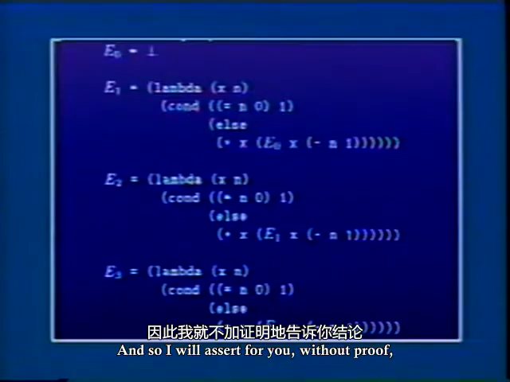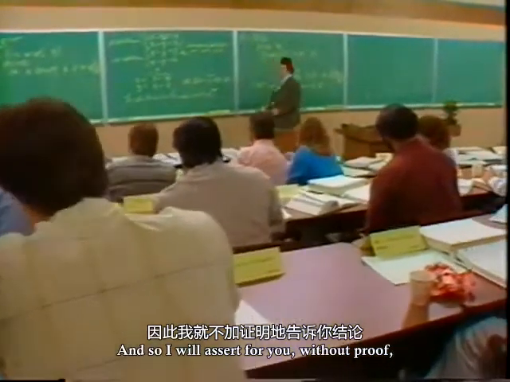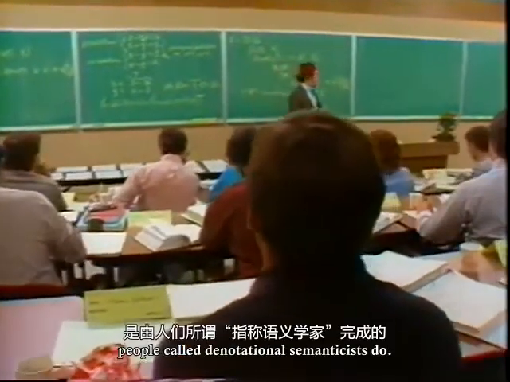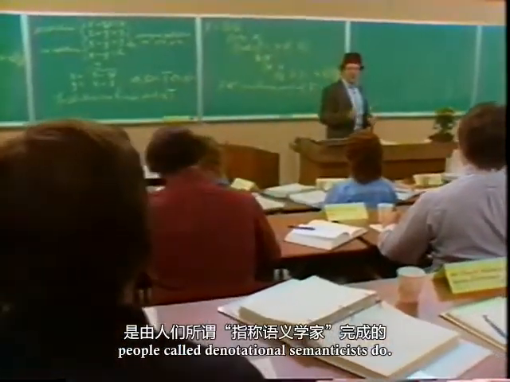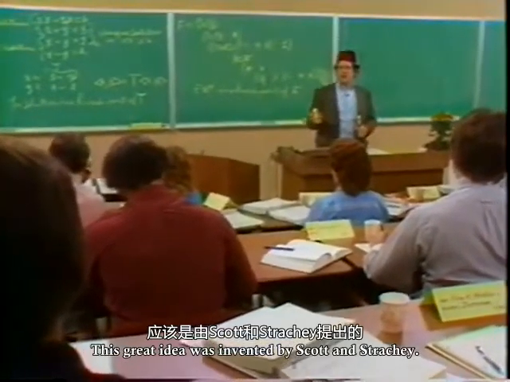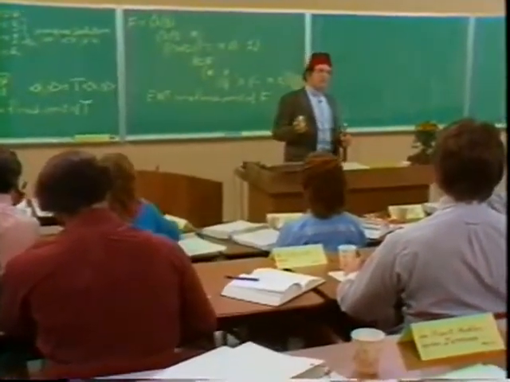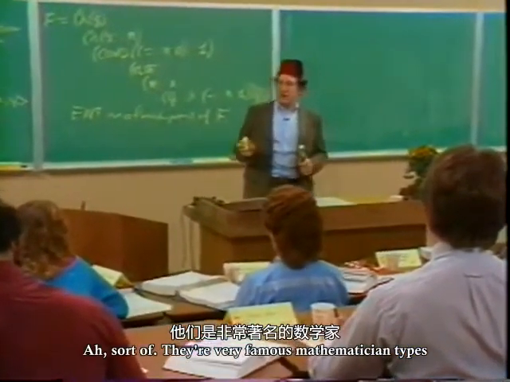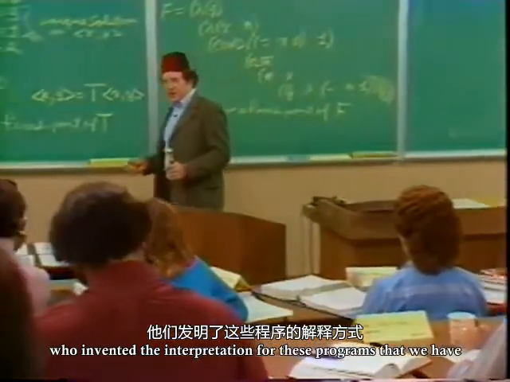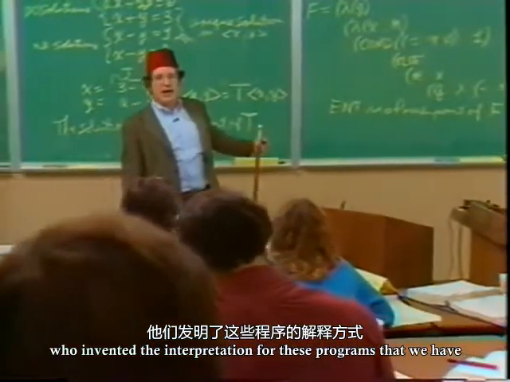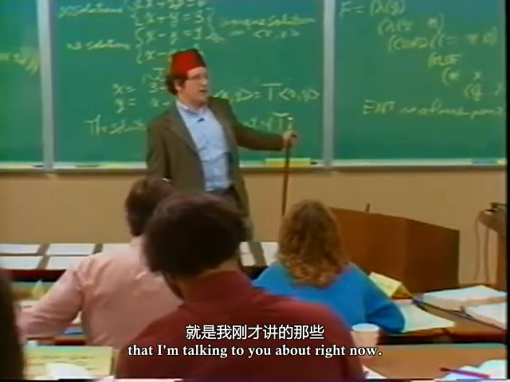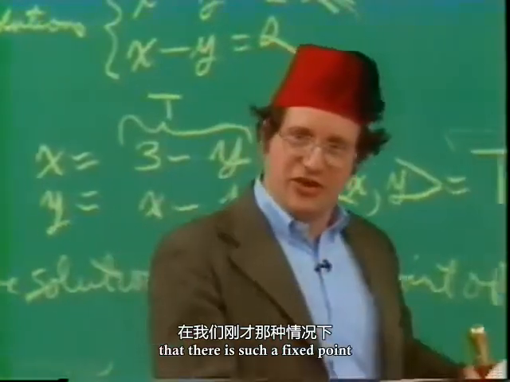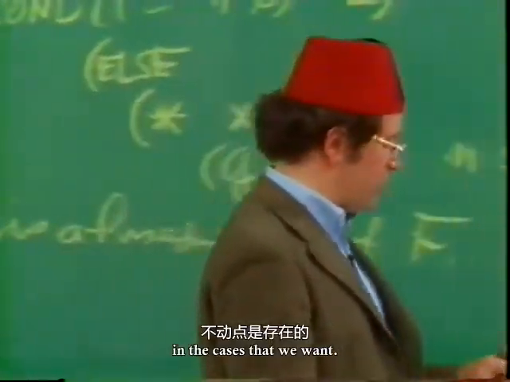Okay? So I will assert for you, without proof, because the proof is horribly difficult, and that's the sort of thing that people called denotational semanticists do. I suppose this great idea was invented by Scott and Strachey. They're very famous mathematician types who invented the interpretation for these programs that I'm talking to you about right now. And they prove by topology that there is such a fixed point in the cases that we want.